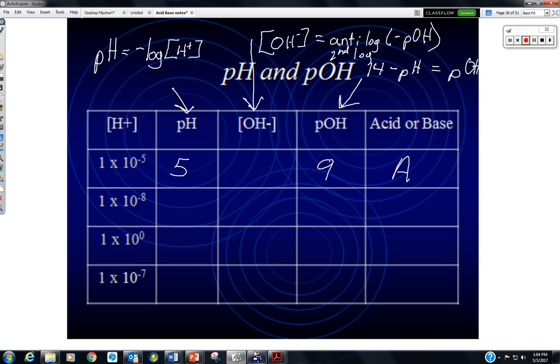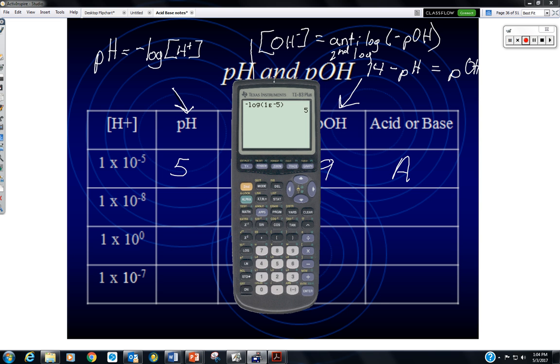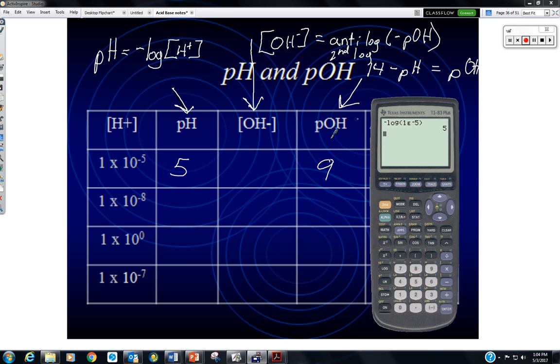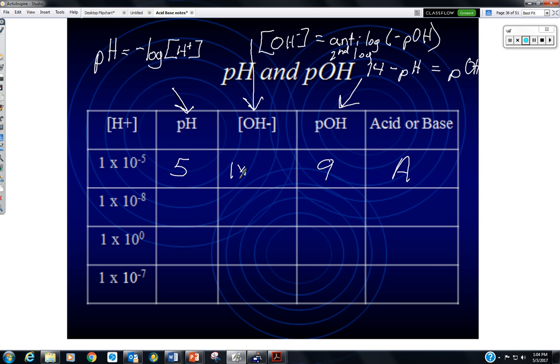So pulling up my calculator just to show you how to do this, we are trying to solve for OH negative, so we're going to take second log, and so we get 10 raised to the power of the negative pOH, so negative 9 gives us 1 times 10 to the negative 9.